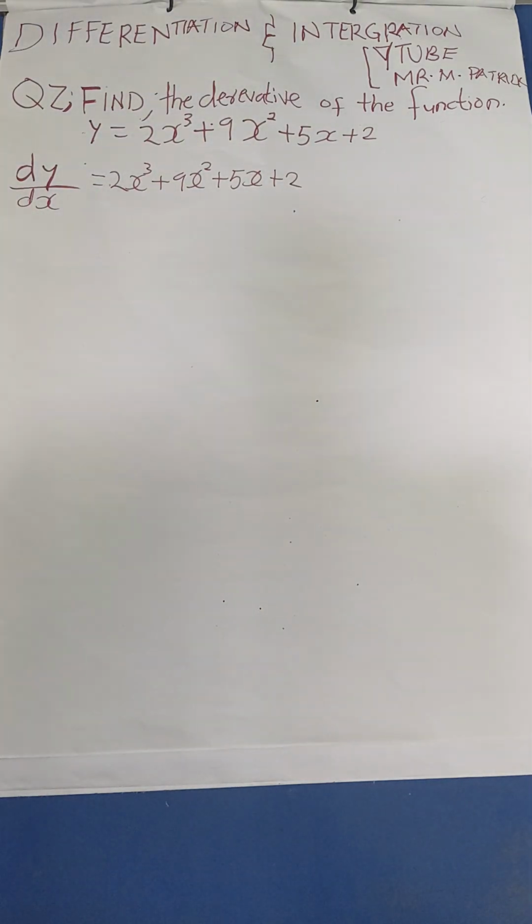As I always say, you have to know one thing here. We are going to multiply by the power, and then we subtract 1 from the power.